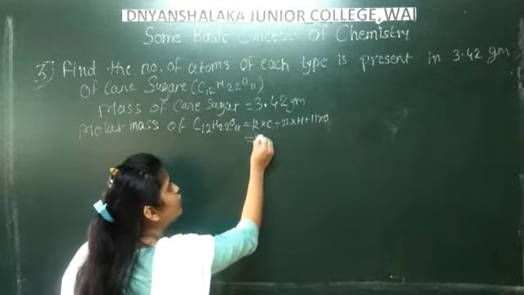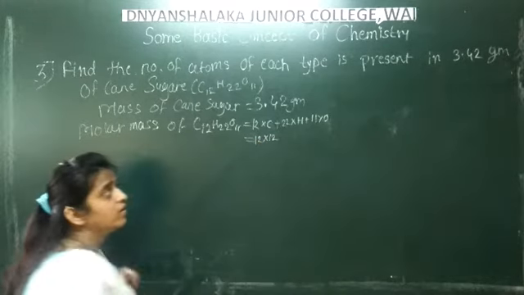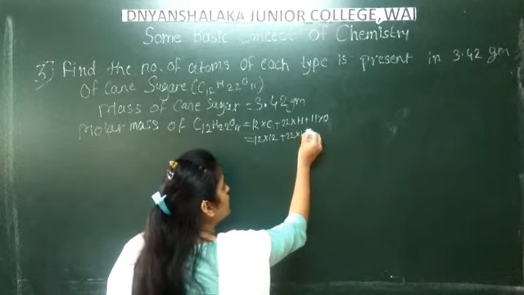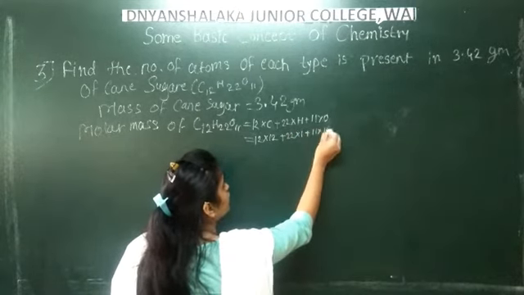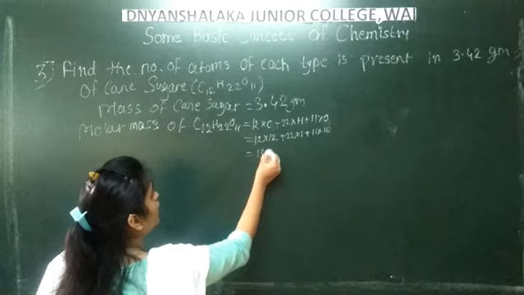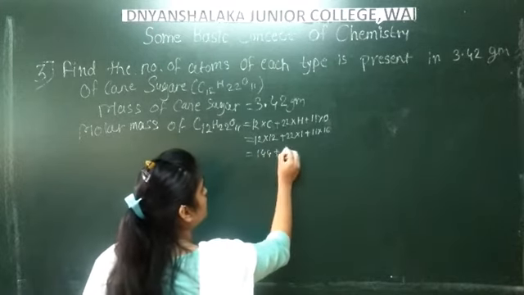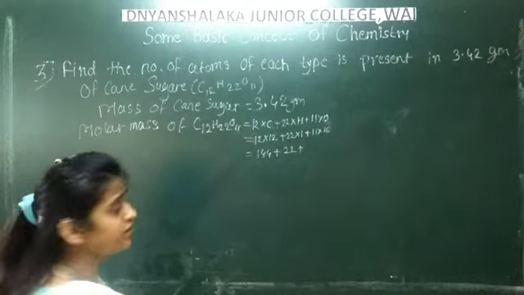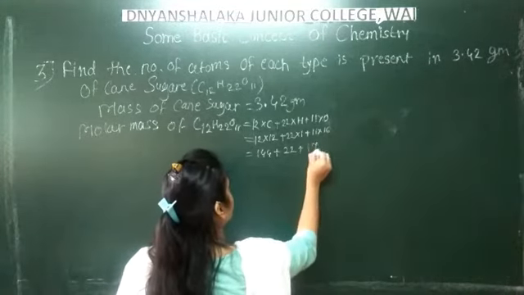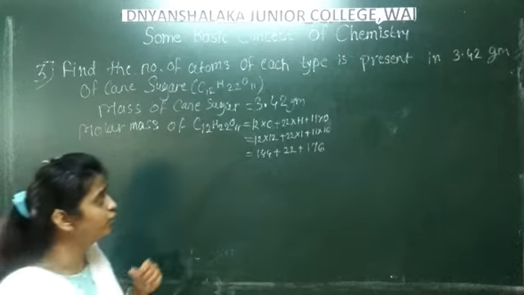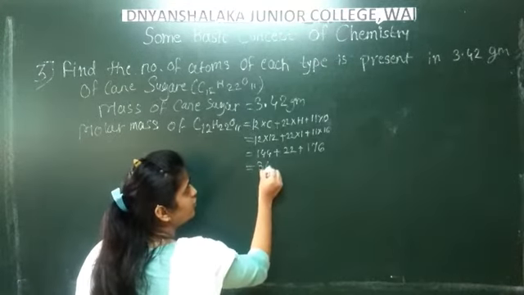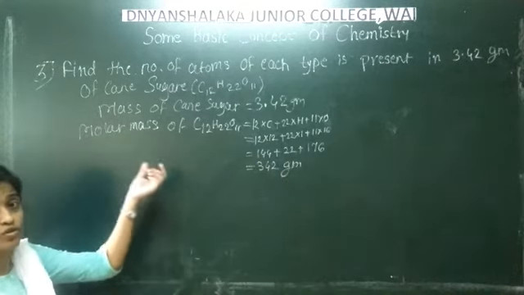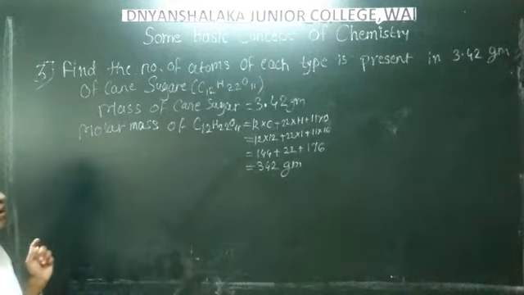So 12 into 12, plus 22 into 1, plus 11 into 16. 12 twelves are 144, 22 ones are 22, and 11 sixteens are 176. Adding these three values we get 342 gram, which is the molar mass of cane sugar.